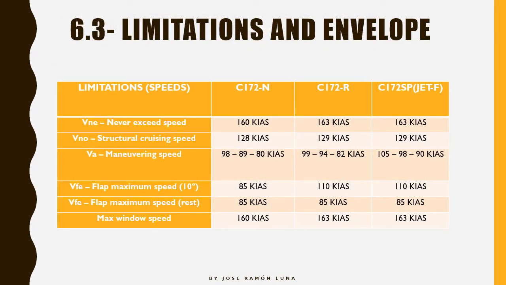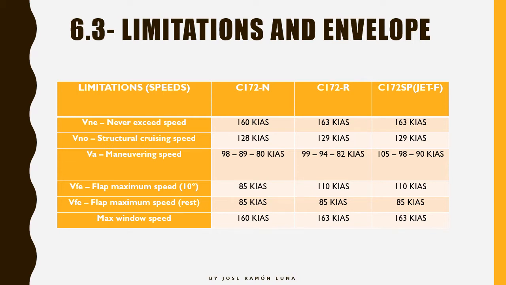So, these are the limitations for speeds in the Cessna 172 November, Cessna 172 Romeo, and Cessna 172 SP. As I always say, be careful with these numbers. The numbers that prevail are in your POH, in your Pilot's Operating Handbook. This is just a reference. This is just a general course. It's as accurate as we could make it, but differences can happen.